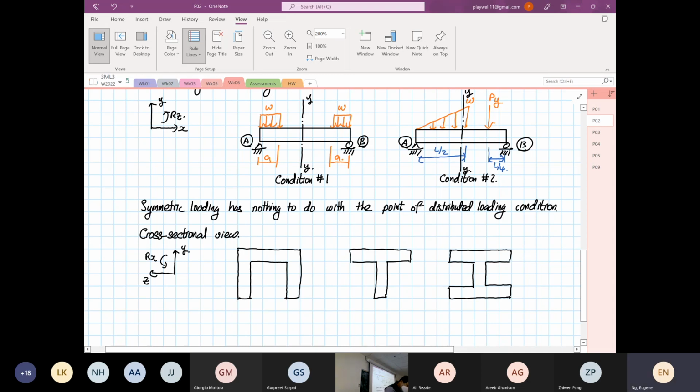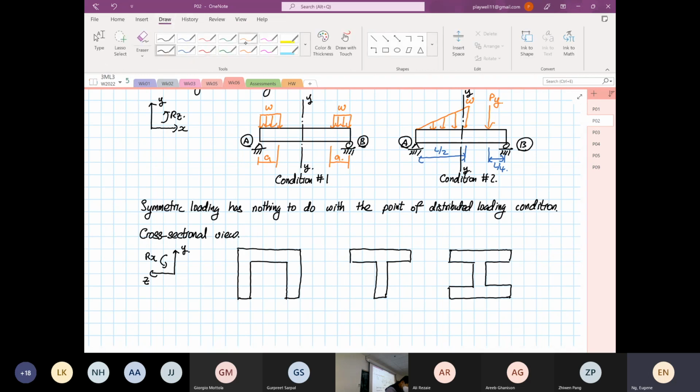I'll always call the top right-hand corner alpha, beta, point I, point J.